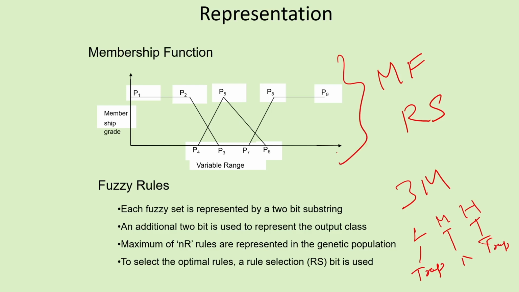If you could see, we have 9 cutting points. This is P1, P2 and P3, and this is one MF treated as low. Then we have P4, P5, P6, treated as another MF, and this is medium. And P7, P8, P9 is another MF, and it is high.